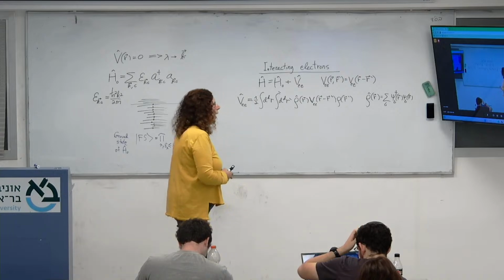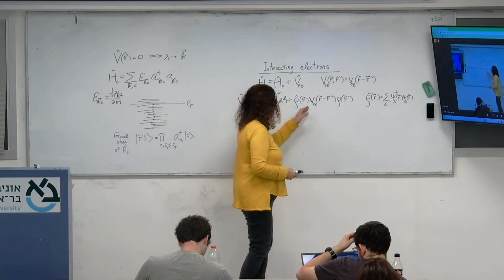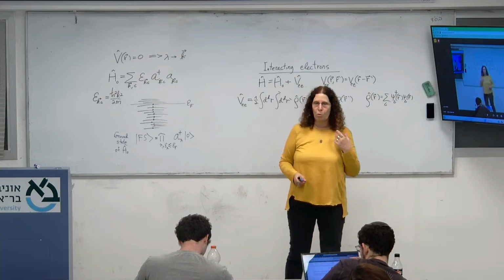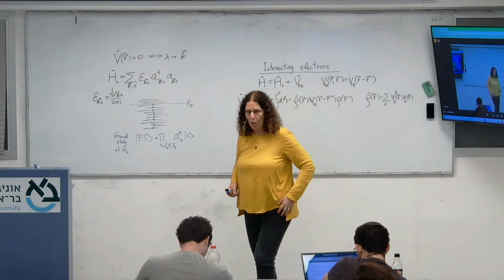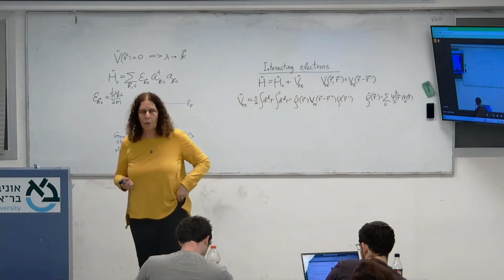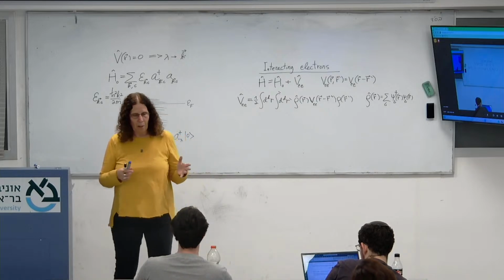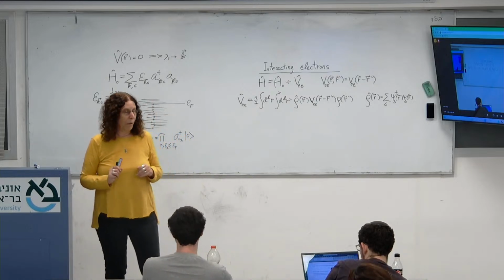The interaction can force electrons to scatter. They can change their momenta, but in such a way that the total momentum will be conserved.